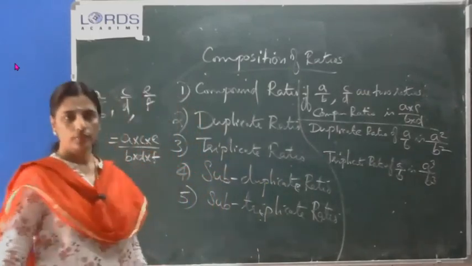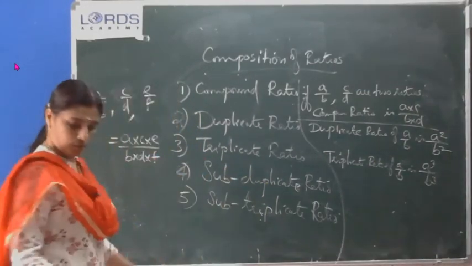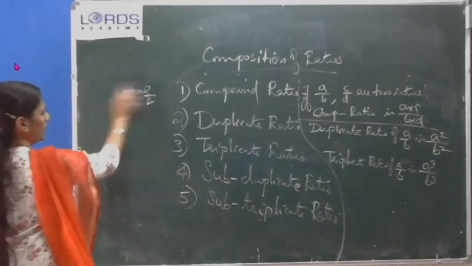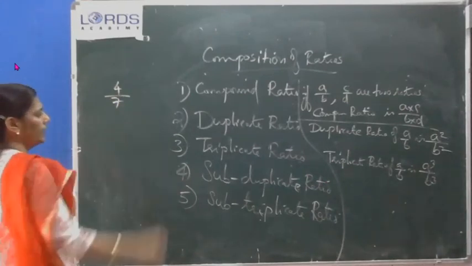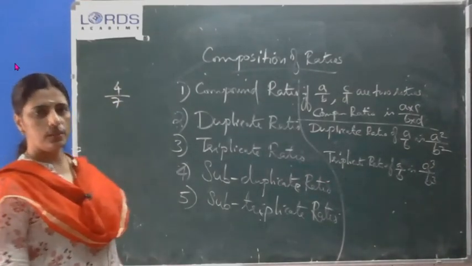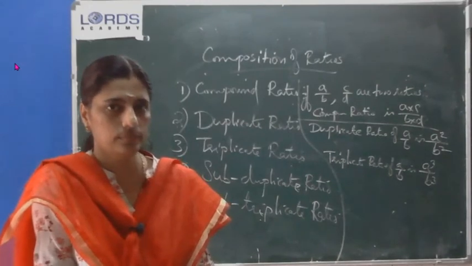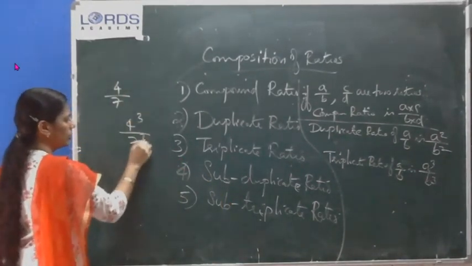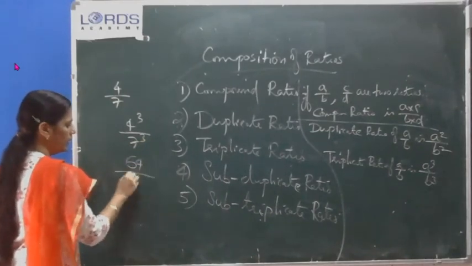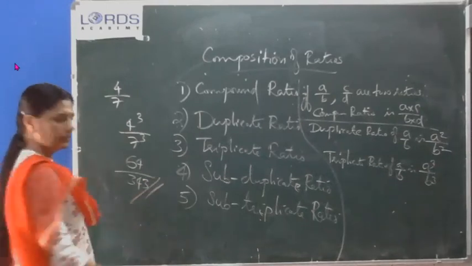Clear? So let me ask, what is the triplicate ratio of 4 by 7? 4 cube by 7 cube, that is 64 by 343. Okay, this is easy, no?